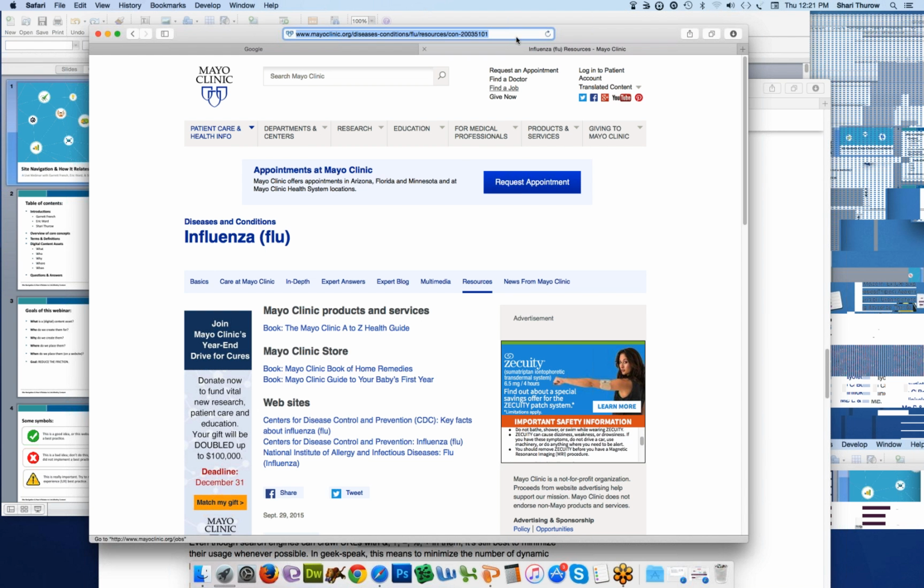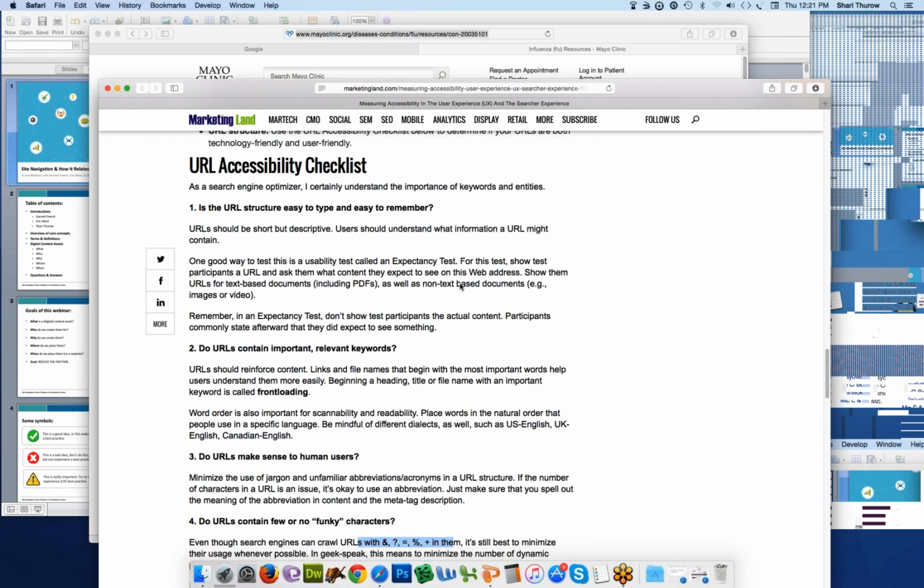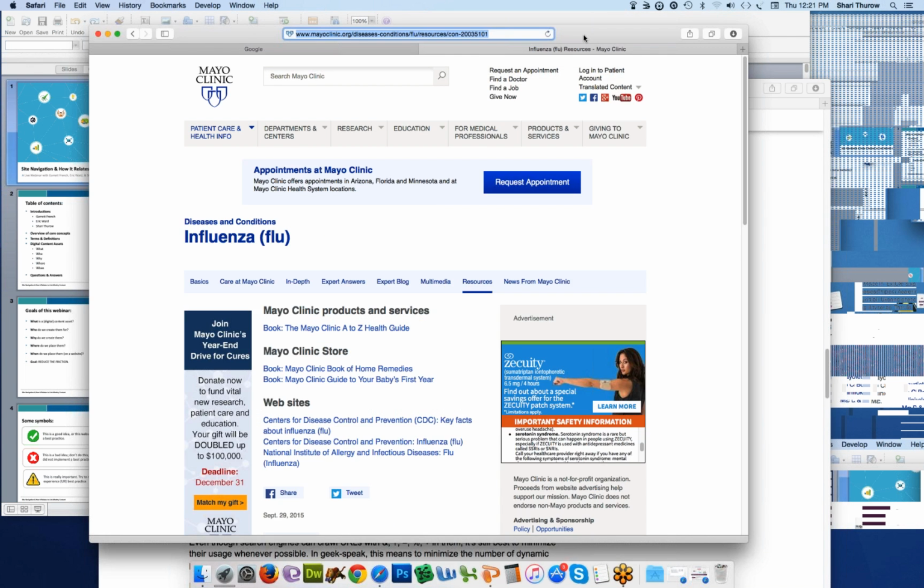This is called front loading, and for those of you who have been watching, we did link to a Marketing Land article that gives you some guidelines. Now, one of the things to do is something called front loading. You front load your URLs with your most important words. So what Mayo Clinic did well is they front loaded with their most important words, and they put the nonsense stuff at the end.